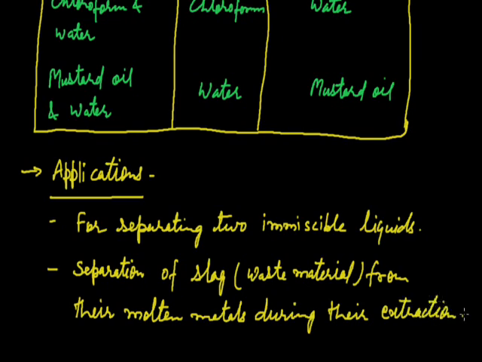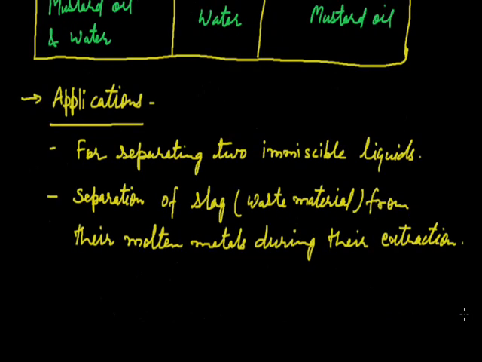For example, during extraction of iron from its ore, molten iron and slag collect at the base of the blast furnace. As slag, being less dense, floats on the surface of molten iron, they are drained out from two different outlets.